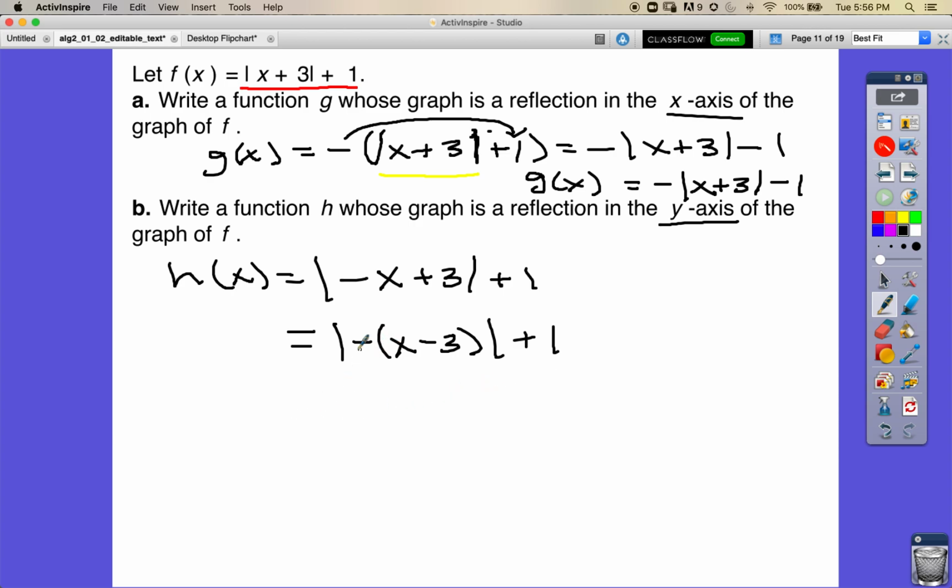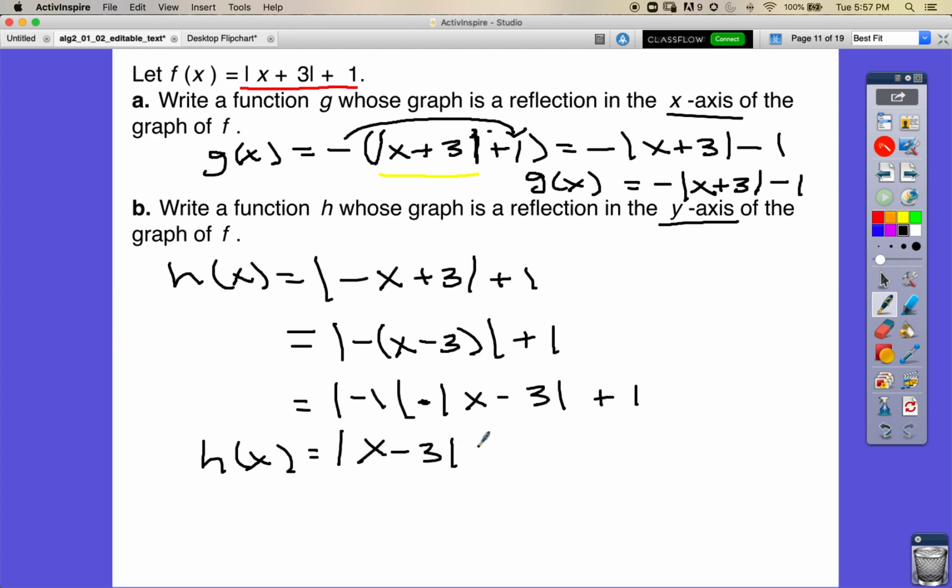And I'm going to clean that up, because what that really is, it's really the absolute value of, there's really a 1 here in front, of negative 1, times the absolute value of x minus 3 plus 1. Okay, I know it's tricky. Follow along here. Now we know the absolute value of negative 1 is just 1. So that means that now my h of x function is going to be the absolute value of x minus 3 plus 1.